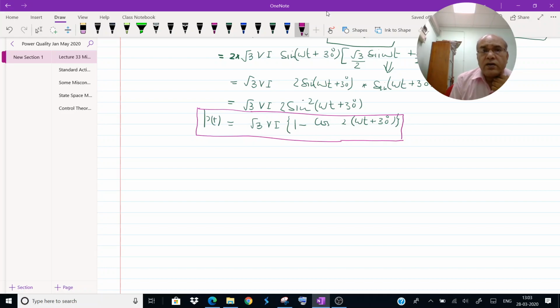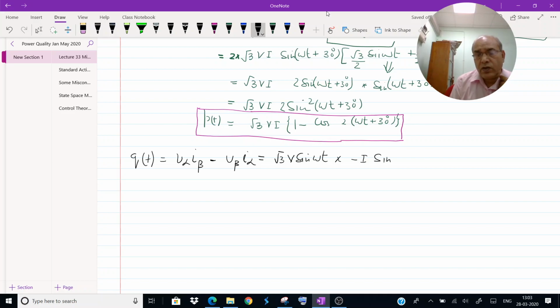Now let us find out the reactive power. Okay, so qt, as you know, is nothing but q alpha beta. So this is b alpha into i beta minus b beta into i alpha. You know this? So what is b alpha? We found it out, it is root 3 into b into sine omega t. What is i beta? Minus i sine omega t plus 30 degree.